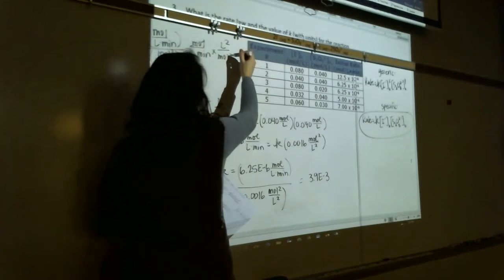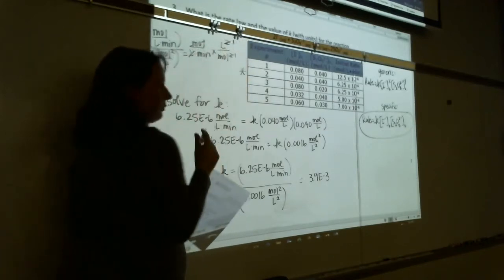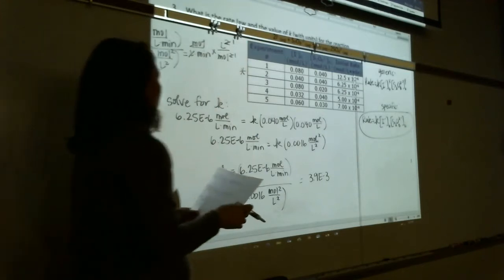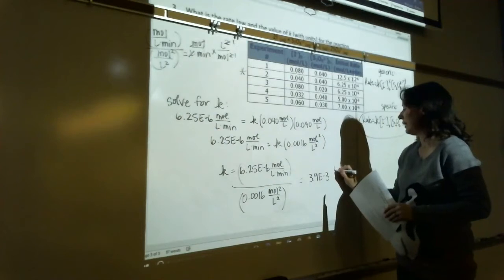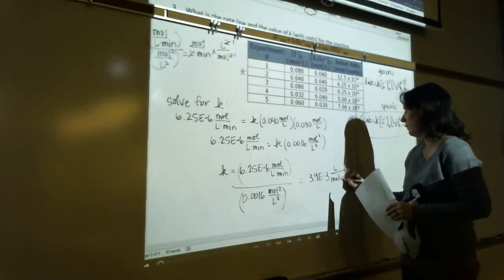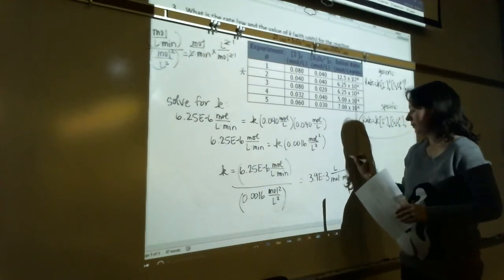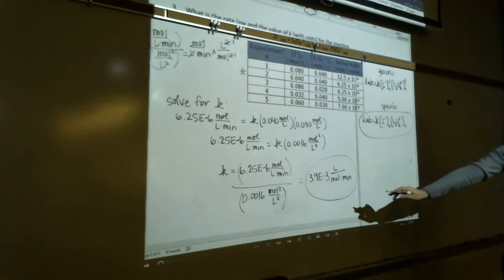This one goes away and that exponent becomes 1. We don't need to write an exponent of 1. We can, but we don't have to. So my units are going to be liters per mole minute. So there's my rate law and there's my value of K.